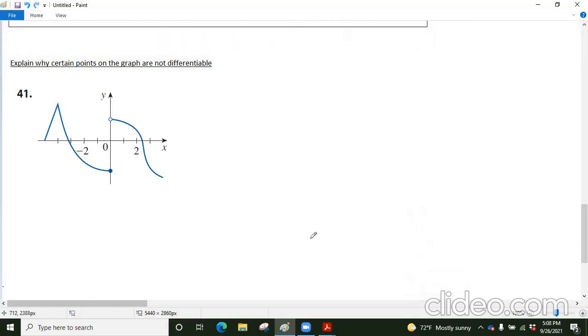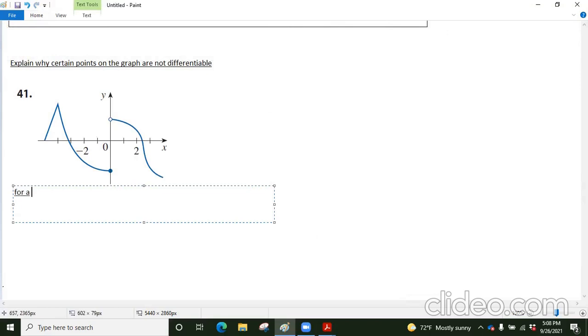So I guess the first thing we could say is that for a point to be differentiable, it must be continuous at that point, right? So we'll go ahead and say that.